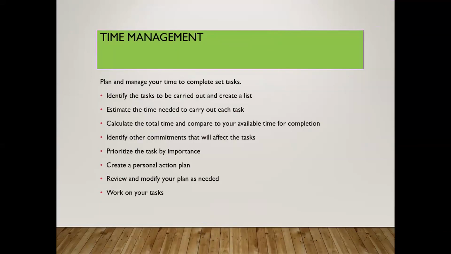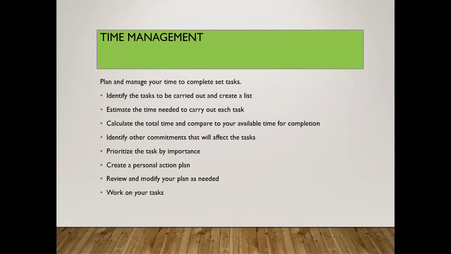What are some things that are involved in time management? One, identify the tasks to be carried out and create a list. Estimate the time needed to carry out each task. Calculate the total time for all the tasks that you have on hand, and then compare the required time to the time that you actually have available.